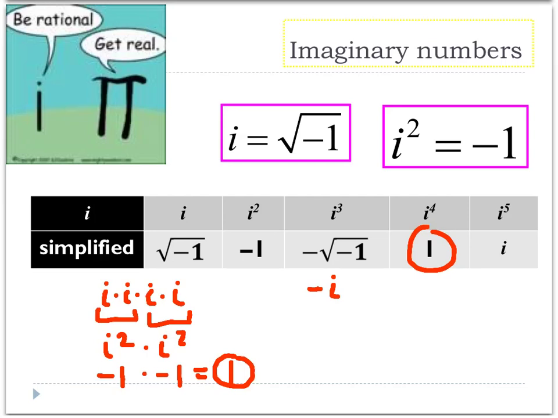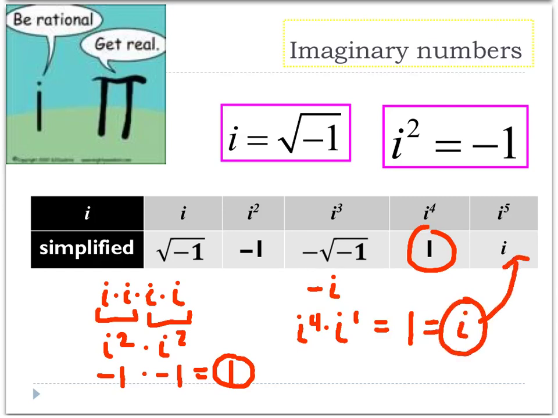And then when I go i to the fifth, that's the same as doing i to the fourth times just one i, right? That's a 1 exponent right there. Therefore, i to the fourth we just said was 1. i to the first is the square root of -1, so we just end up getting i for i to the fifth. So you can see how that simplifies, okay? A little tricky at first. Don't worry. When you practice, you'll get it.